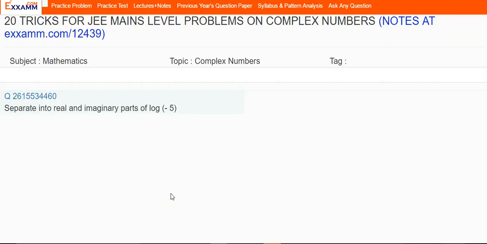Now, what is the value of log of a complex number or log of a negative number? Log of z is equal to log of z plus 2n pi i. Just remember this thing. In this case, log of minus 5 becomes log of minus 5 plus 2n pi i.